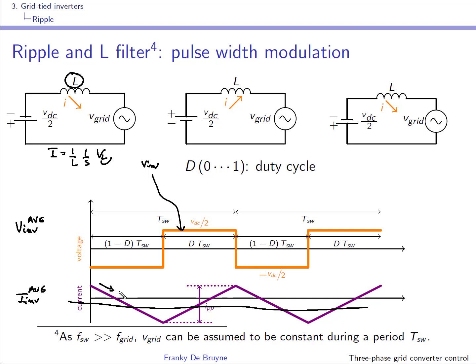So using your duty cycle, you can also decide on the average value of your current over a switching period, and what you will see is a kind of ripple that is forming, and we're now going to look at the height of this ripple, or the peak to peak value of this current ripple.